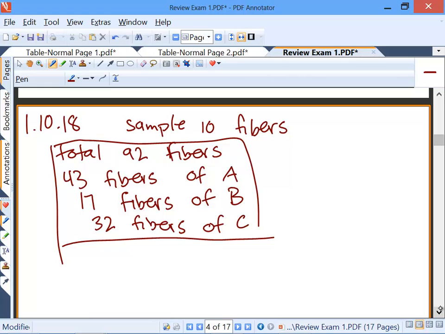Now, looking at this problem, you would have to decide whether or not you're putting things back. I'm going to guess that we're not putting stuff back, just the way that it's worded, and specifically since it doesn't say with replacement. So A says, what is the probability that the sample does not contain any fibers of polymer B?